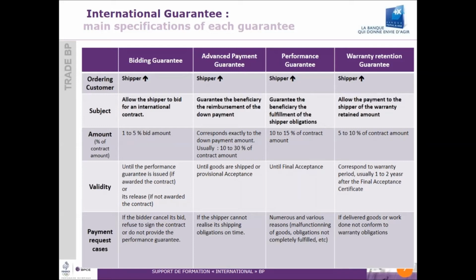We did not detail the payment request cases, as there are numerous and various reasons: whether the goods are malfunctioning, the shipment is delayed, the studies have not been made on time, or do not correspond to the contract details. Here, there are very different cases to make a payment request.